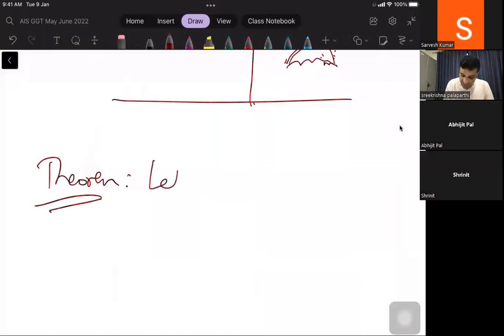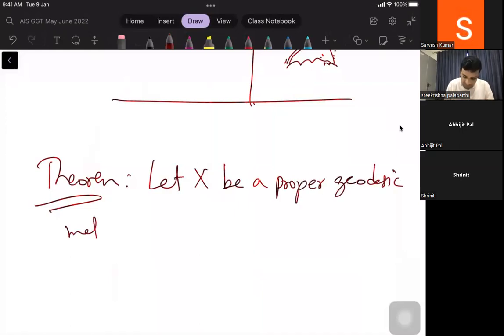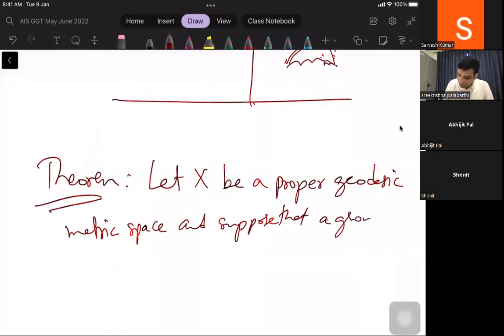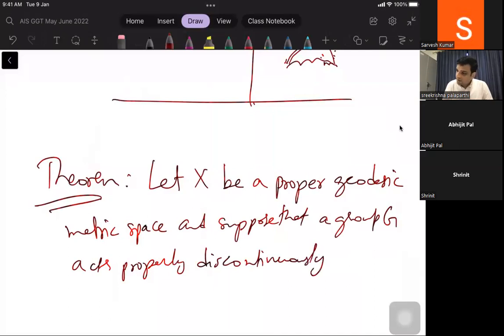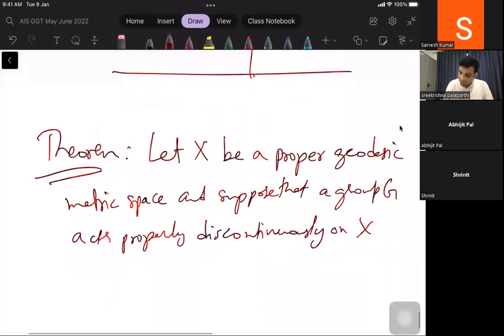Let X be a proper geodesic metric space, and suppose that a group G acts properly discontinuously on X via isometries.